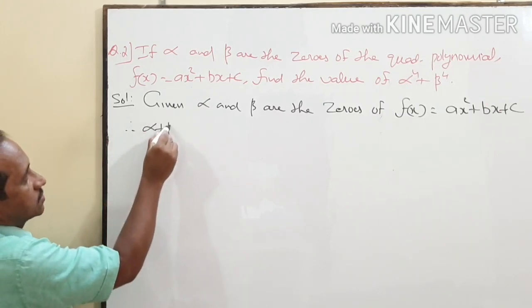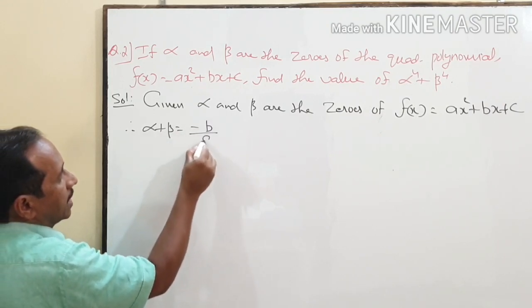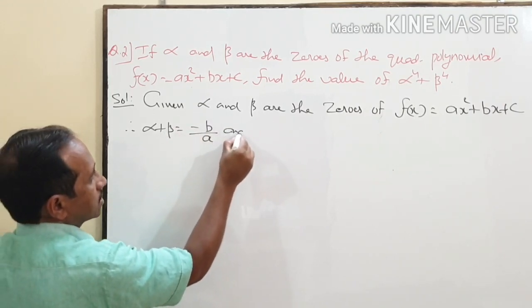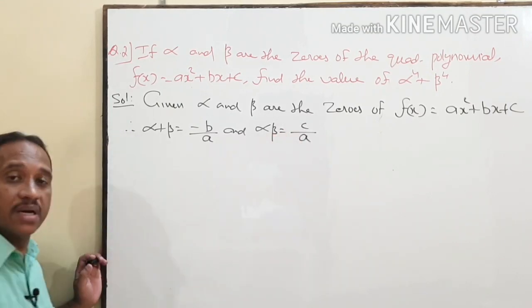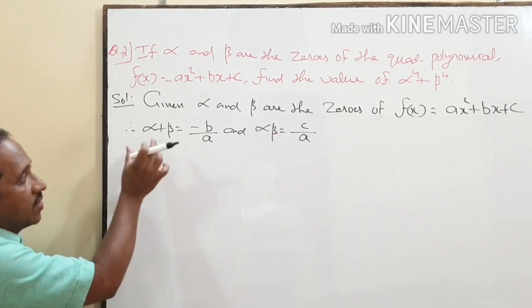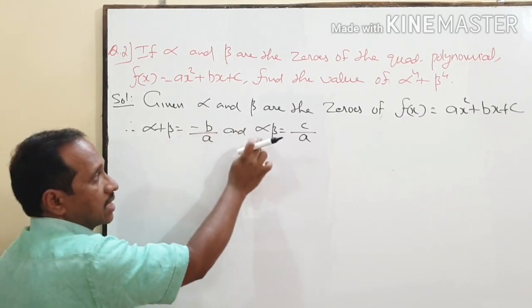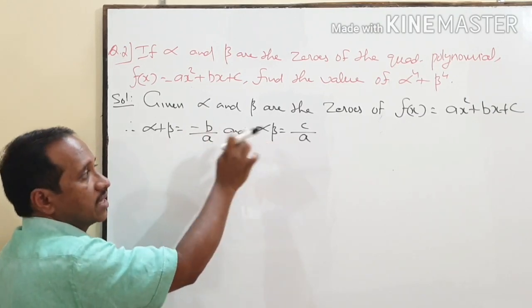Therefore alpha plus beta is equal to minus b by a, and alpha into beta is equal to c by a. So here the values of alpha plus beta and alpha beta are in terms of a, b and c only.